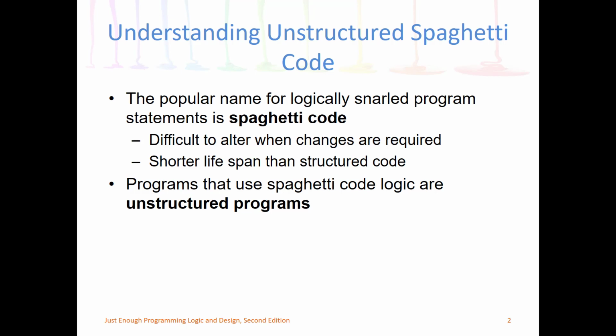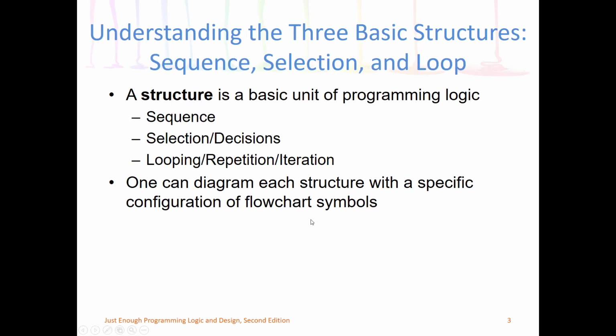So they had to come up with something called structured programming. Structured programming consists of three elements. Sequence: one instruction after another. You do A, you do B, you do C until you get to the end of the sequence. Selection, also known as decisions, like if statements. And the third one is looping.